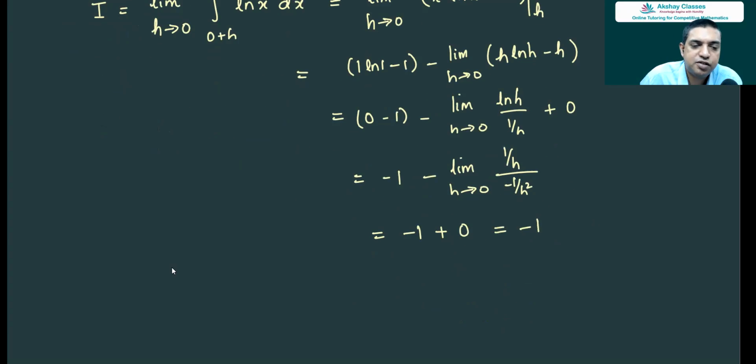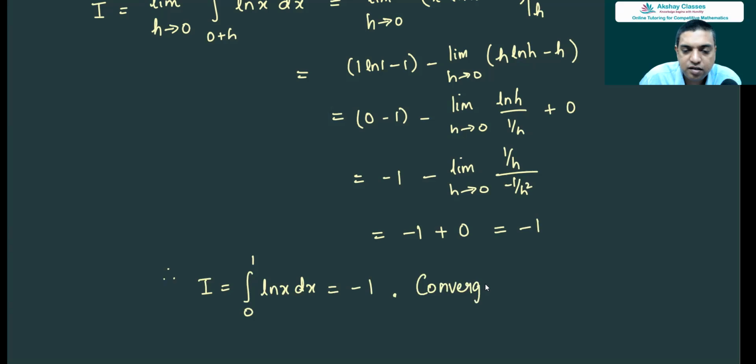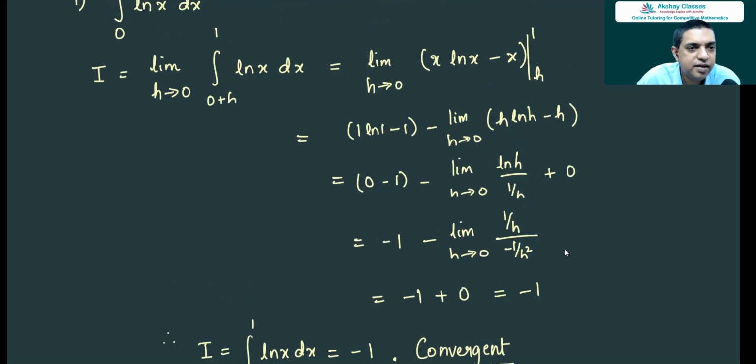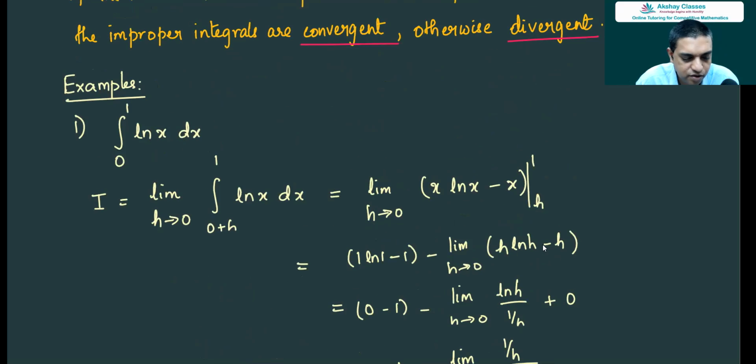So the answer is minus 1. Therefore, integral 0 to 1 log x dx is minus 1. It is a convergent integral, so we say the value of the integral converges to minus 1. This one we have done very often.